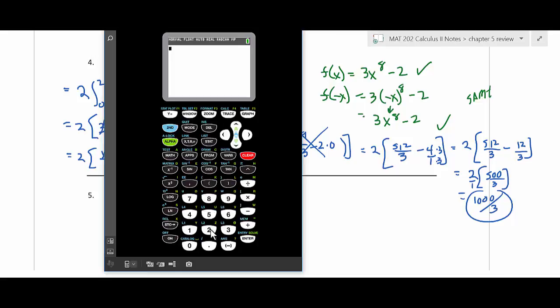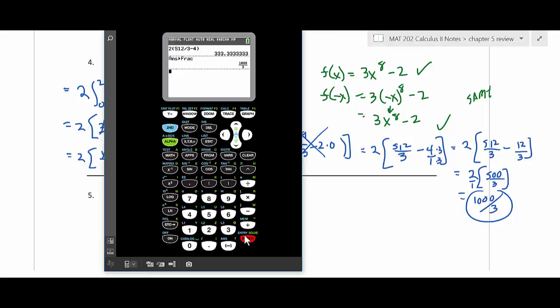You could go like 2, this is not cheating, it's using technology, but you want to be able to do it both ways. You could do 2 times 512 over 3 minus 4, just typing it exactly as it is, and that'll give you a decimal, and then you have this math button that'll convert it back to a fraction. So if you go math and then frac, voila, there we go. That's kind of cool, isn't it?